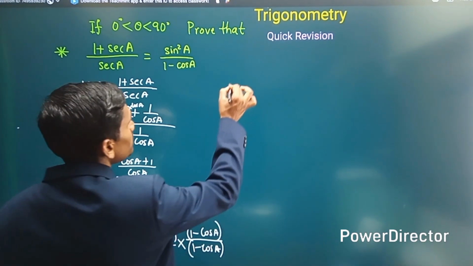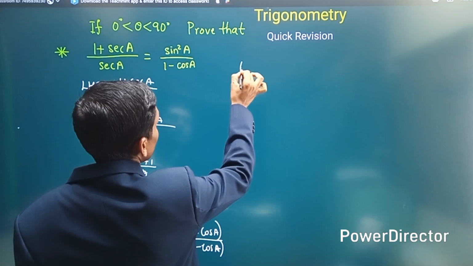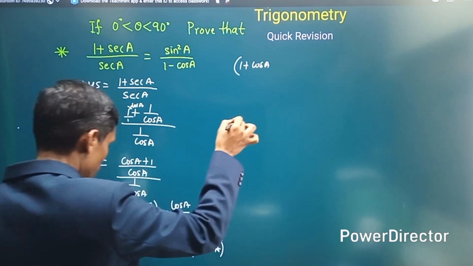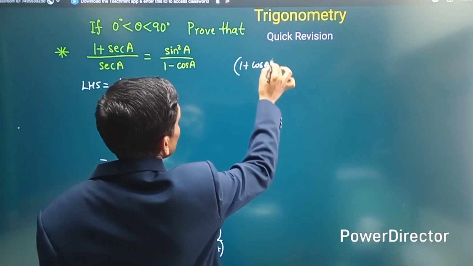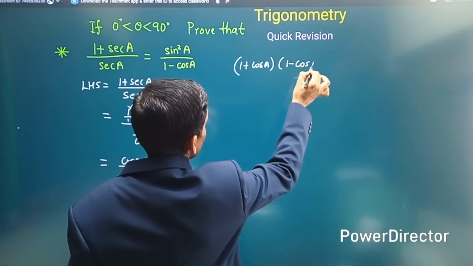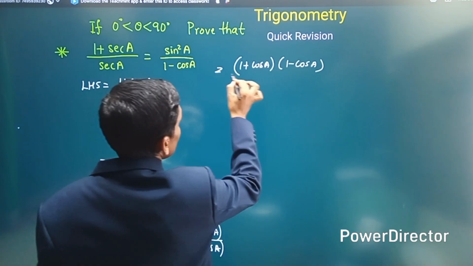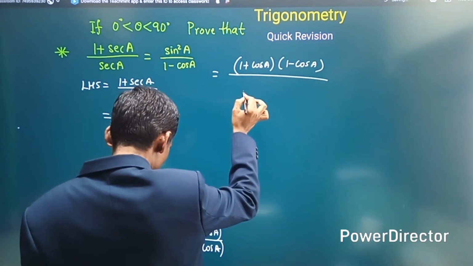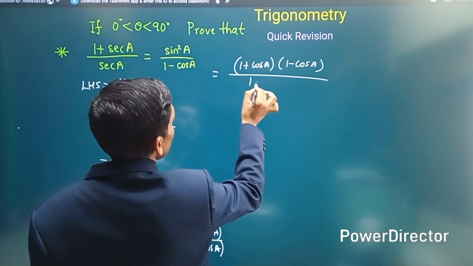So what remains here? 1 plus cos a, right? 1 plus cos a, right? Here 1 minus cos a divided by, here what is that? 1 minus cos a.